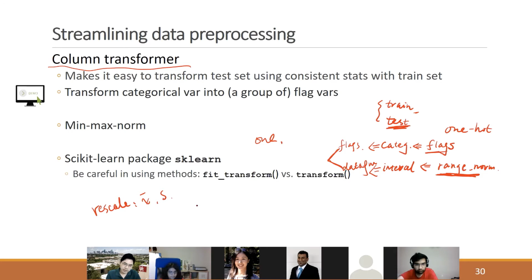So for train data, to rescale the variable, you need to do this. To standardize the value of the train data, you use the mean and standard deviation of the train set.